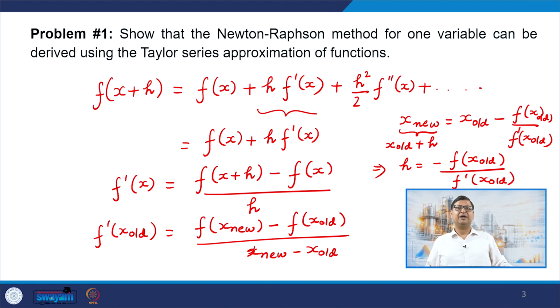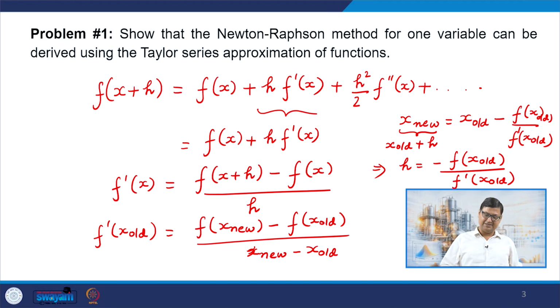And now, we make a small approximation: I assume that whatever this new value of x I am going to get, that new value becomes the solution of the equation. So, that is my new guess, assumed to be a solution of the equation.